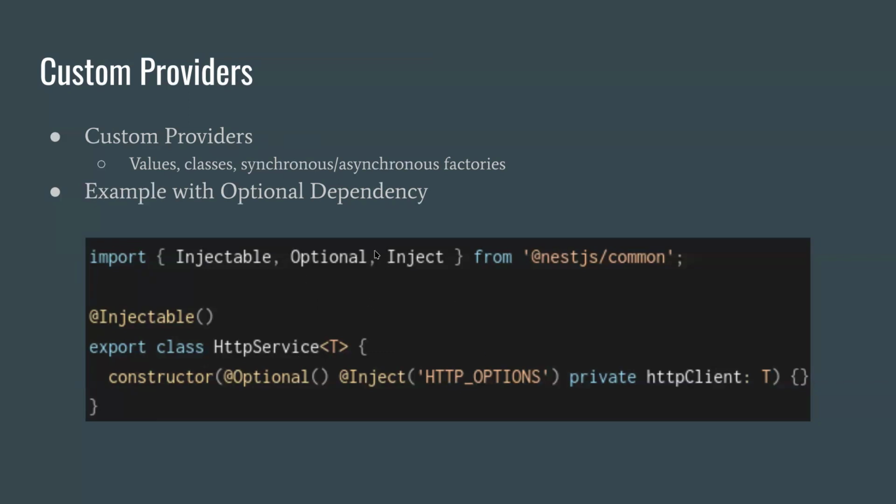So in this example, the HTTP options token is used to inject a configuration object, and the optional decorator indicates that this dependency is optional. So if the dependency is not provided, it will not cause an error.